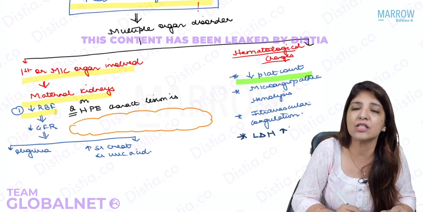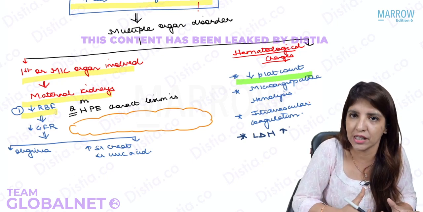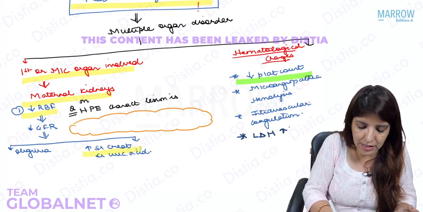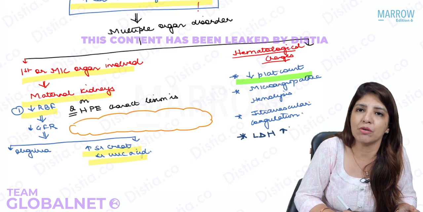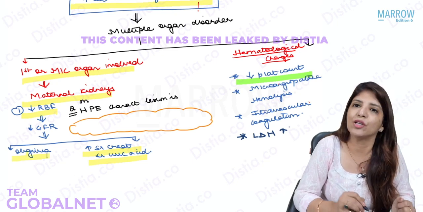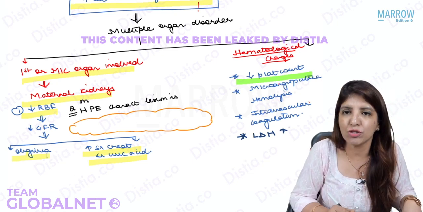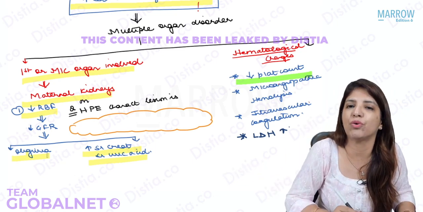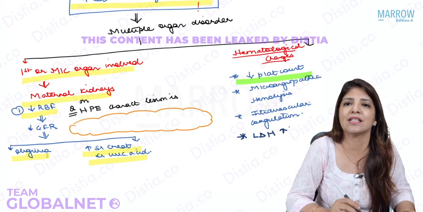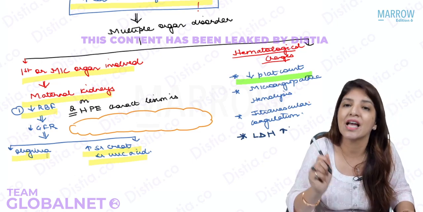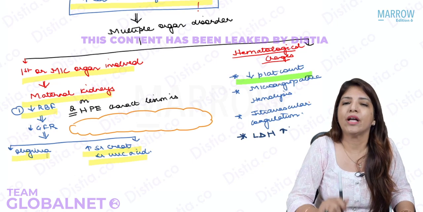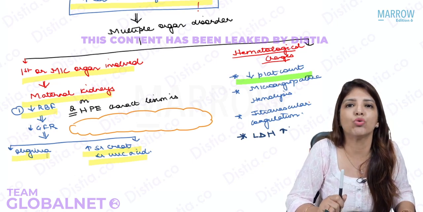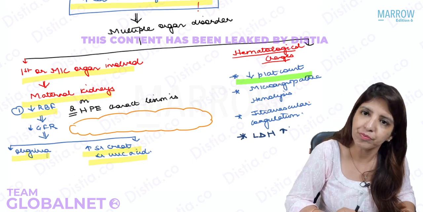Decreased GFR means the filtering capacity of the kidney is decreasing, which means that now there will be increased serum creatinine and increased serum uric acid, and there will be oliguria. So mother is going to experience oliguria, and in the mother you are going to get increased serum uric acid levels, increased serum creatinine levels. That is why I told you that one of the signs of end organ damage was serum creatinine more than or equal to 1.1 milligrams per dL.